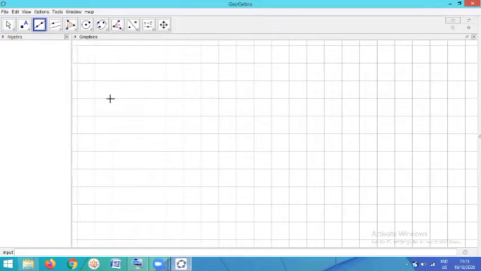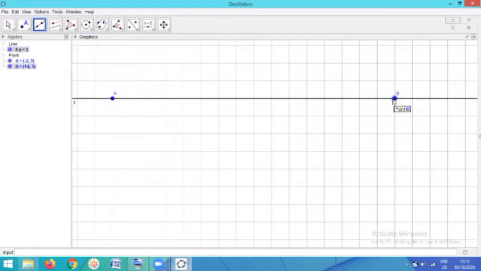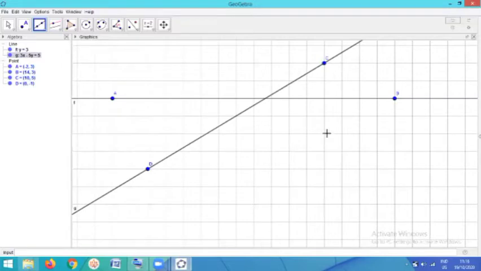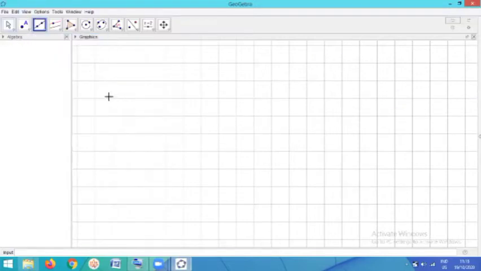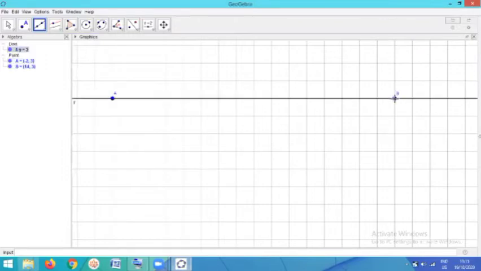And after that, we draw a second straight line that is cut by the first line.